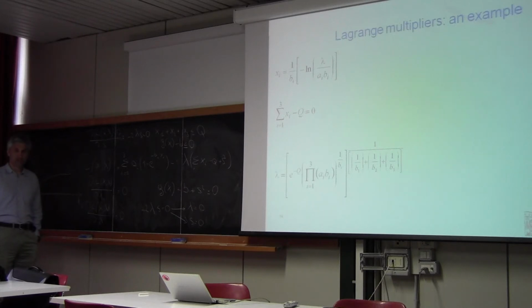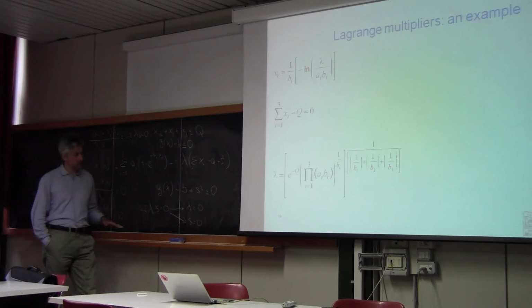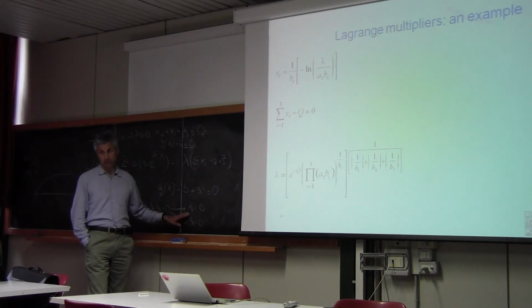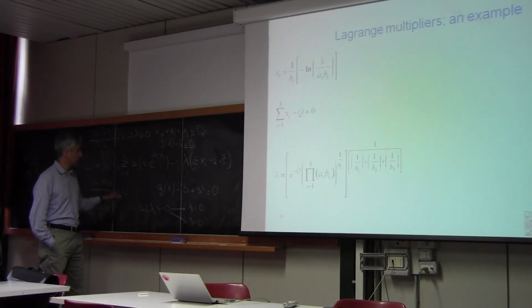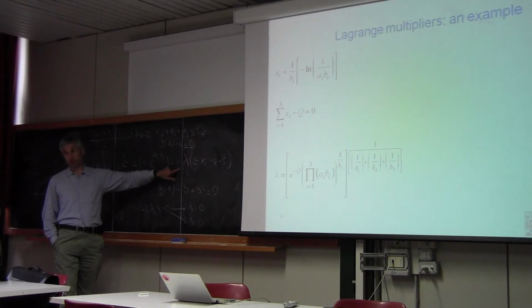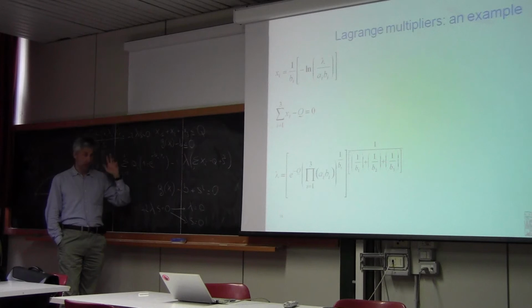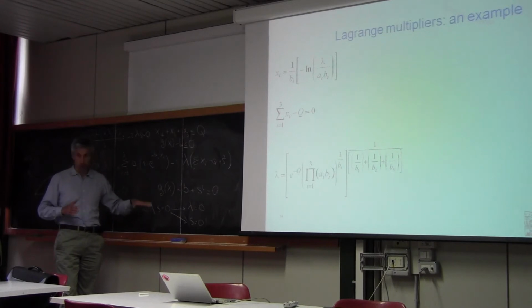Now, we ended up with two cases. Lambda equal to 0, s equal to 0. What do they mean? Let's consider the case lambda equal to 0, and let's look at the Lagrangian. Lambda equal to 0 means no penalty. So, the first alternative, because remember that these two solutions are two alternatives.